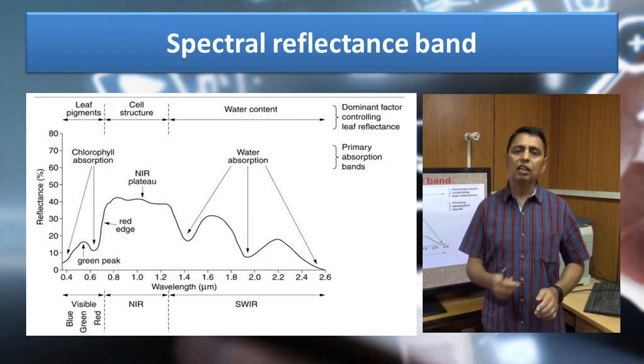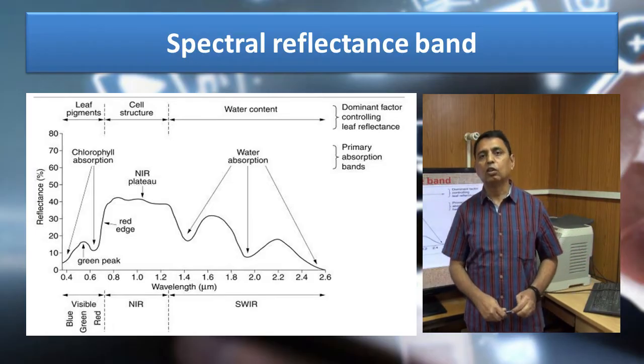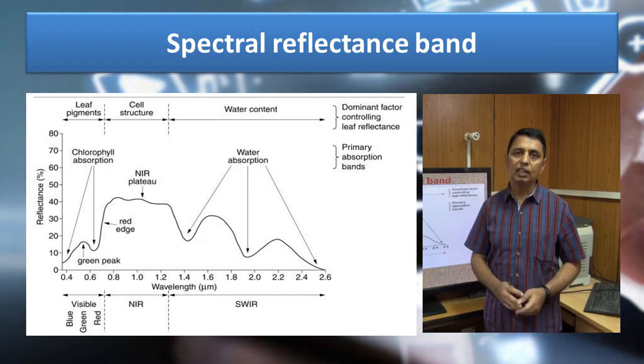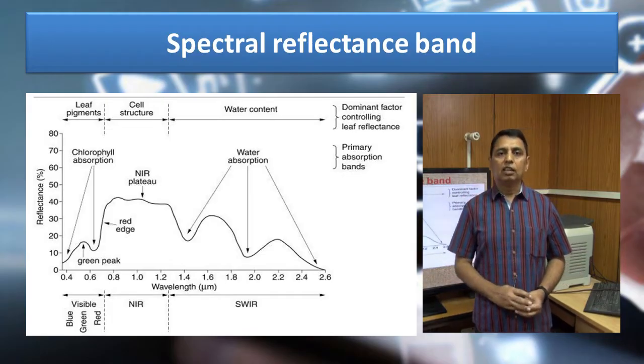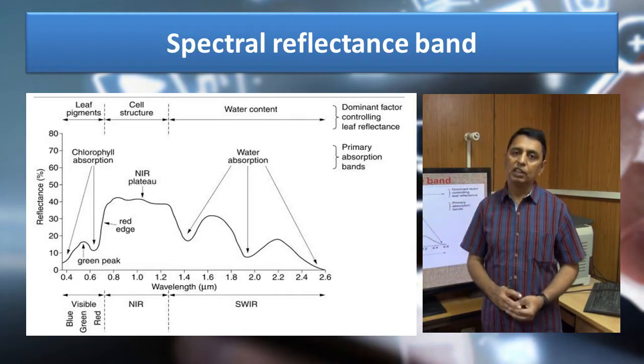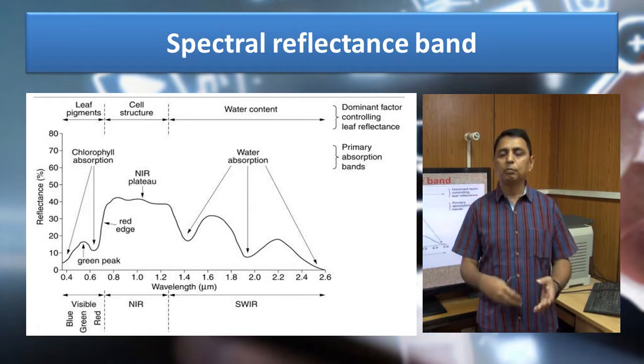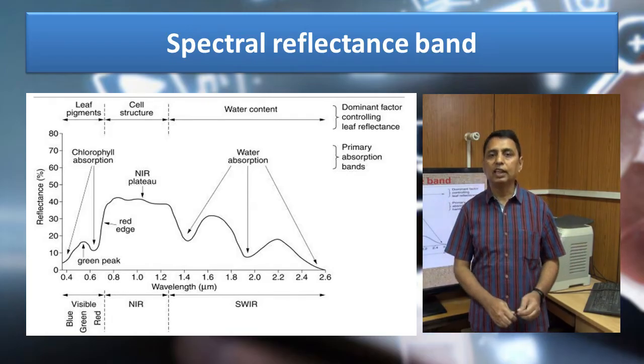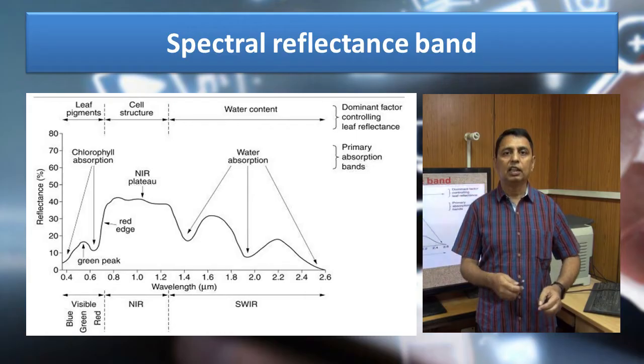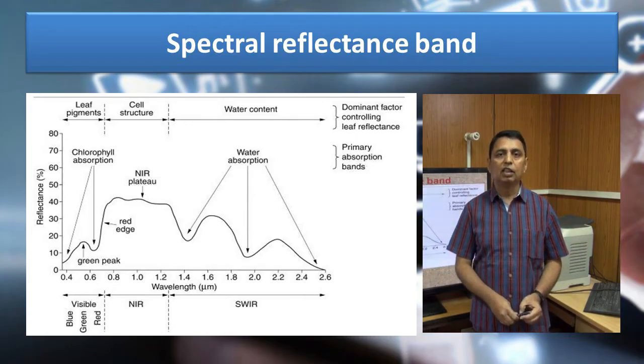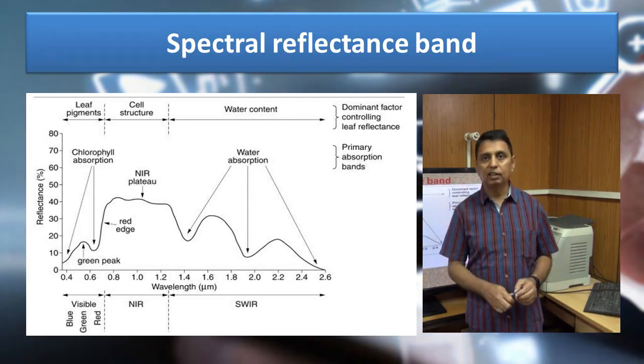Many other indices are also developed, like NDVI, RVI. NDVI means normalized difference vegetation index. That is a combination of visible red wavelength and near infrared wavelength.